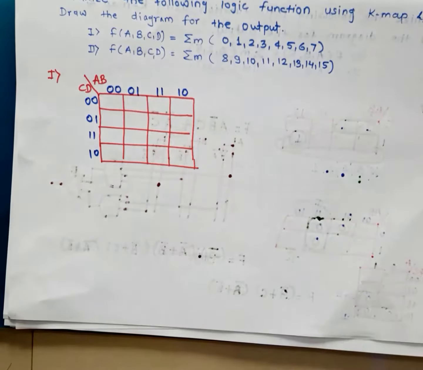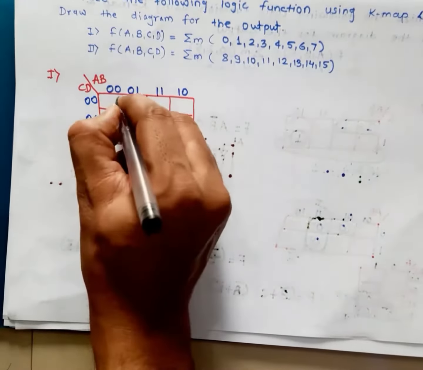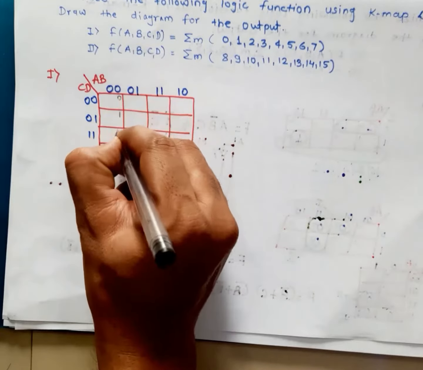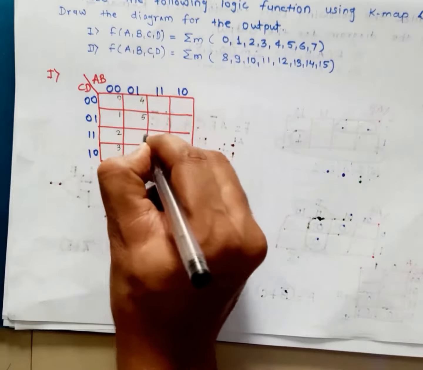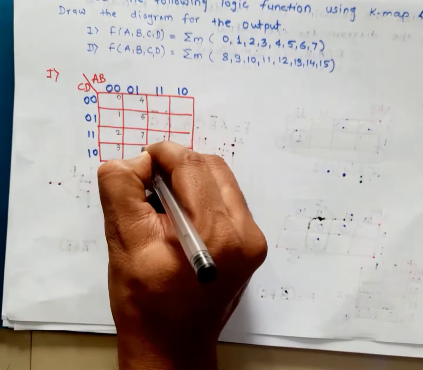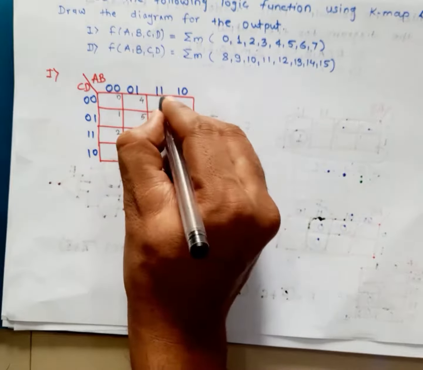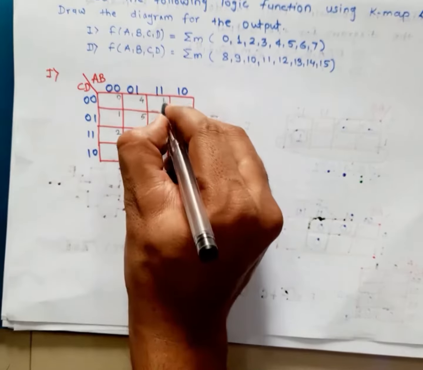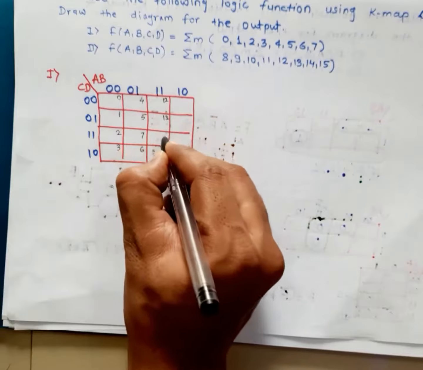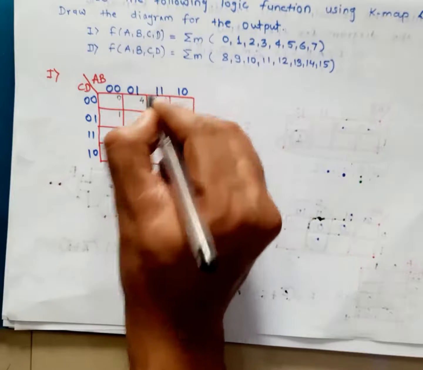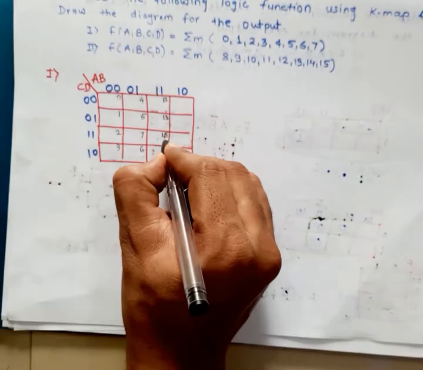Then write down the value of cells in decimal form. Here 1100 is nothing but 12. 1101 is 13. 1111 is nothing but 15.